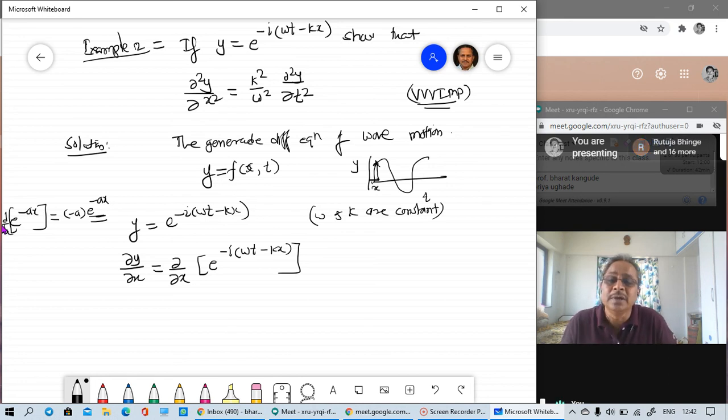Now here I am differentiating this function with respect to x. So here the function of x is only this kx, not this e raised to I omega t. So I get the differential of this part with a minus sign, and this minus is also there, so minus minus becomes plus. So ik comes out, this complex I into k, multiplied by this function e raised to minus I omega t minus kx, which will remain as it is.